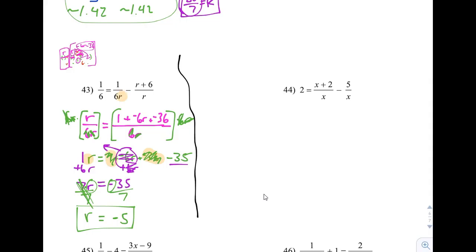So I'm going to write 1/6 equals 1 over 6 times -5 minus -5 plus 6 over -5.